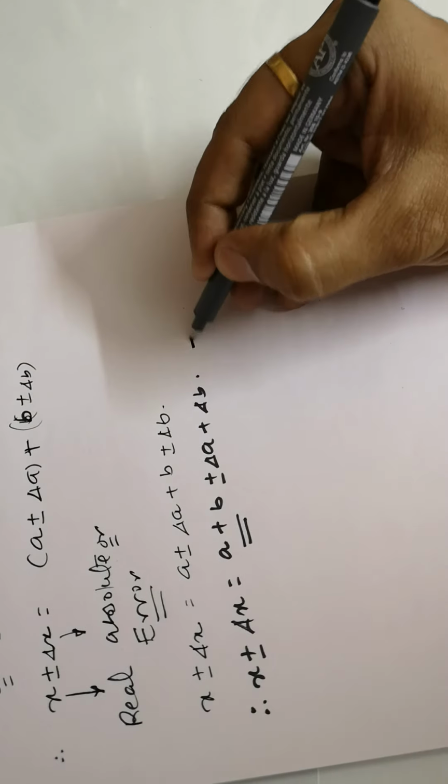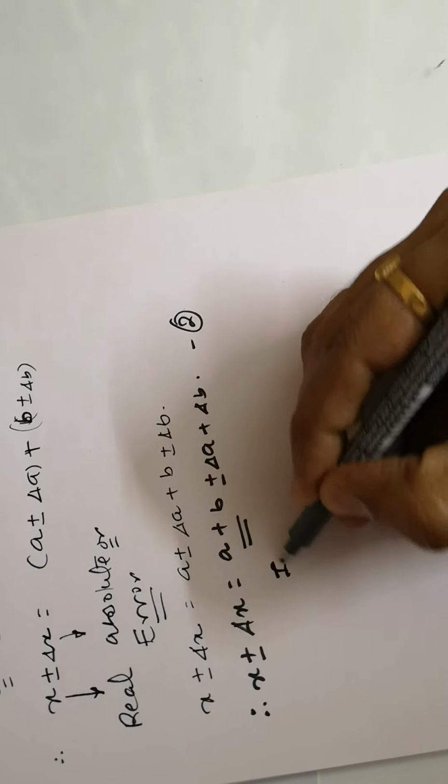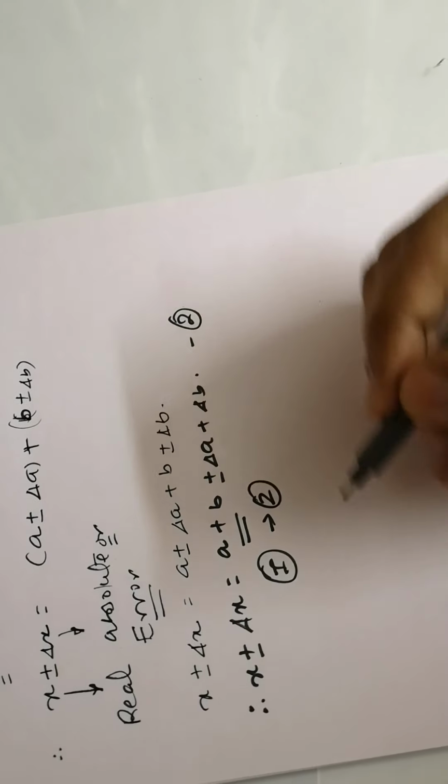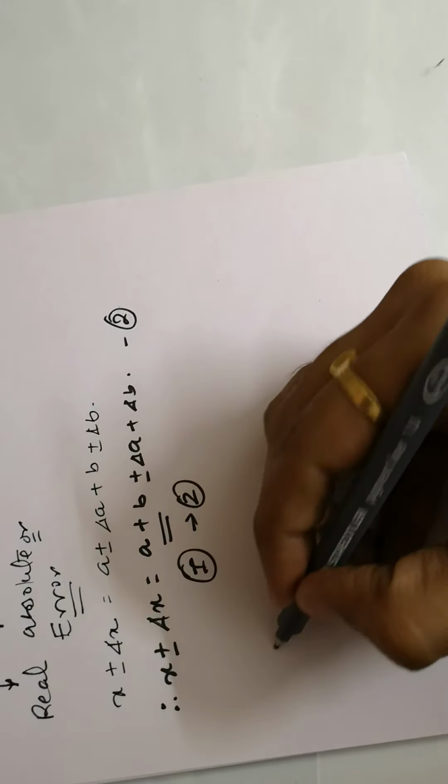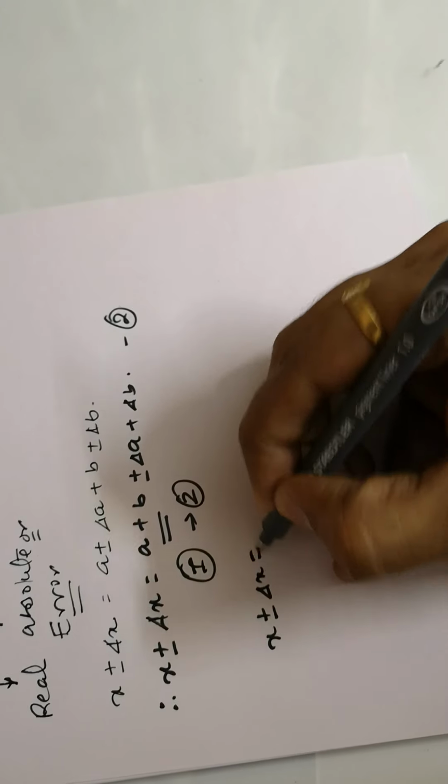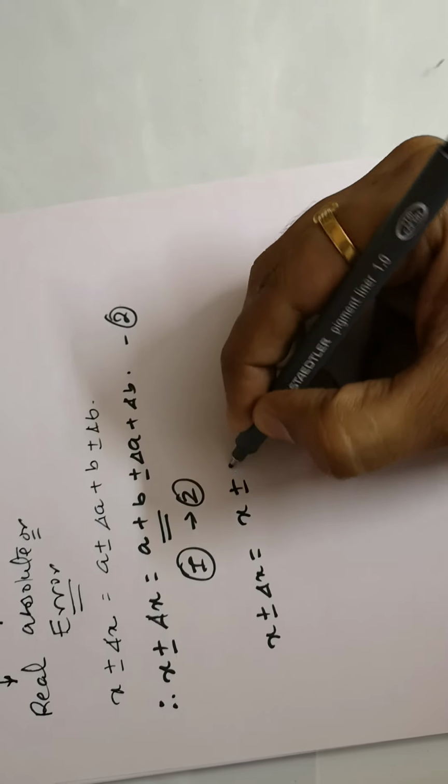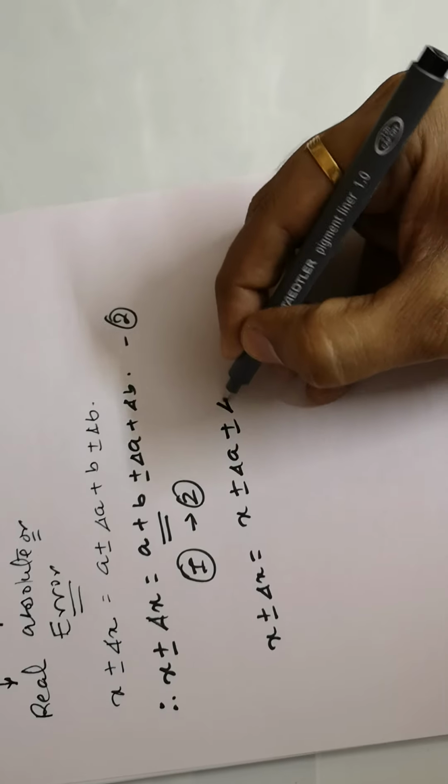From the very first observation, we have x equals a plus b. So we place equation number 1 in expression number 2, and we get x plus or minus delta x equals x plus or minus delta a and plus or minus delta b.